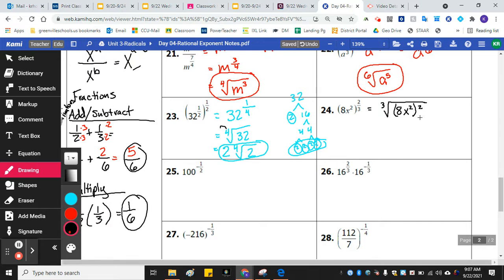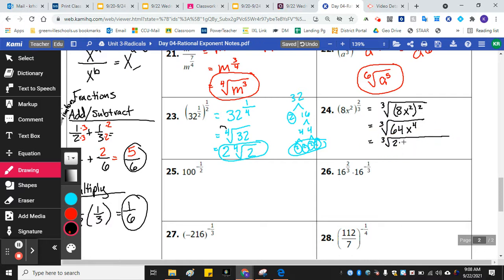There's two ways to do it. We can square everything in here and then take the cube root of it, which I think is what I'm going to do. Or you can take the cube root of 8 and then square that at the end. So I'm going to square everything. 8 times 8 is 64. Raise the power to a power and multiply. So that's x to the 4th. And then I have to simplify it.